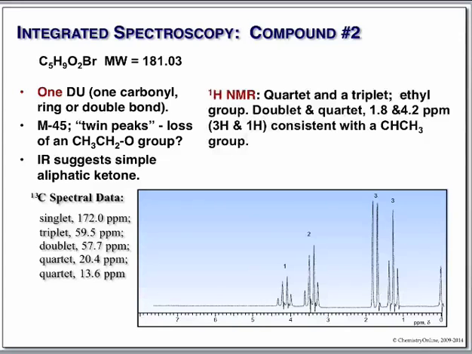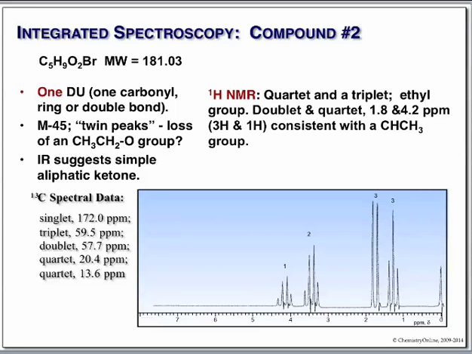We already know that we probably have ethoxy to account for one of our oxygens. In our C13, this guy is at 172. Well, wait a minute. 172, that's not a ketone, is it? That's an acyl carbonyl.